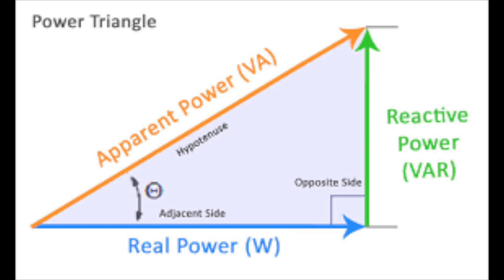Within power, we have what I would call the power family, or some texts will call it the power triangle. When you have just P, that is dealing only with a purely resistive portion of the circuit, and P is known as true power, or depending on who you're talking to, they might say real power.